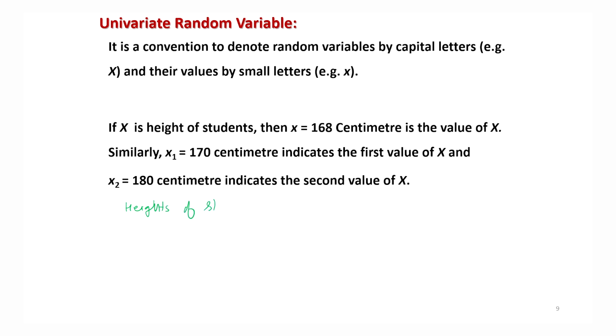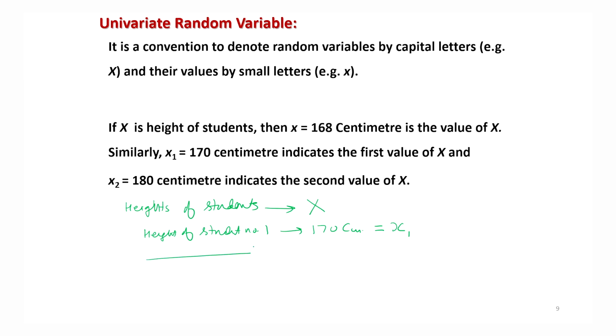So these heights are going to be measured for different students in, say, centimeters. So I can define the heights of the students as a random variable capital X. And suppose now I obtain the height of student number 1, and suppose it comes out to be 100 centimeters. So this is indicated by small x, and this is the first observation, so I can say this is small x1.